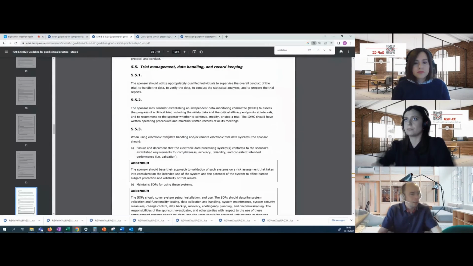We can also find a very short clause on it in the ICH E6. When using electronic trial data handling or trial data systems, the sponsor should ensure and document that the electronic data processing conforms to the requirements and has consistent performance, which means validation.